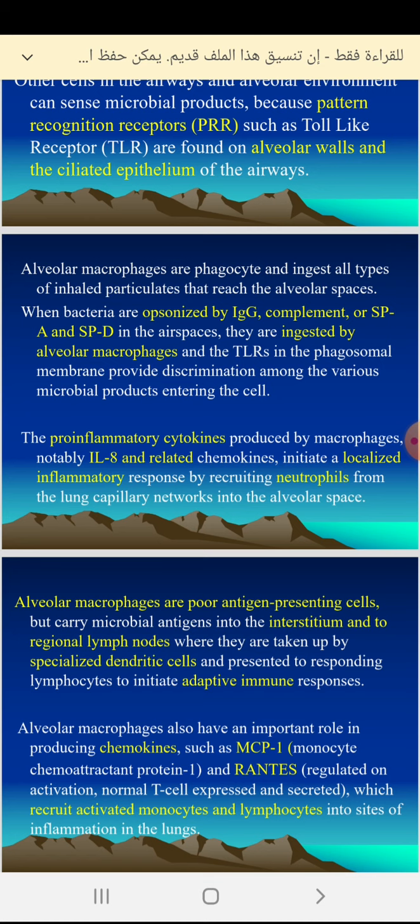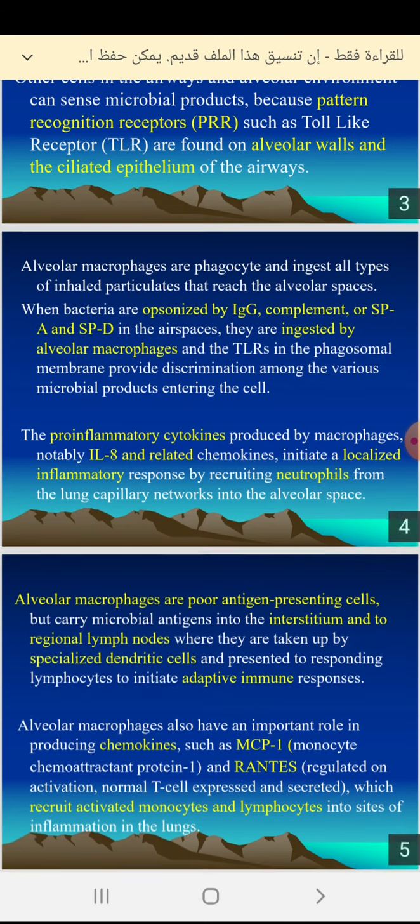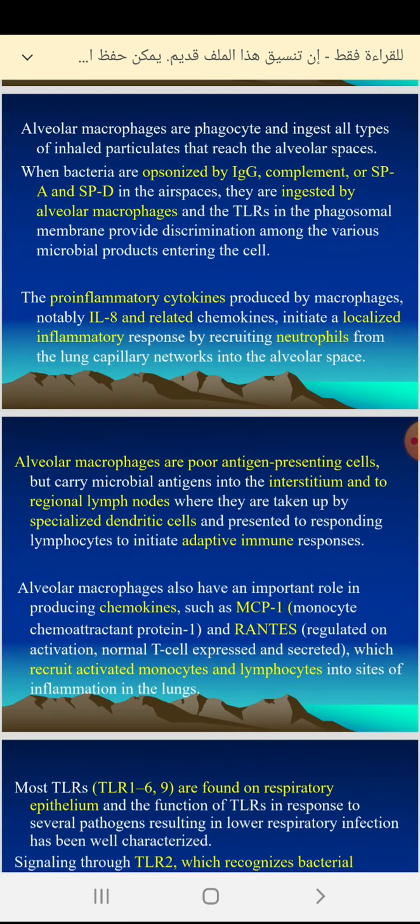And the toll-like receptors in the phagosomal membrane provide discrimination among the various microbial products entering the cell. The toll-like receptors are of two types, either surface toll-like receptors or intracellular toll-like receptors.